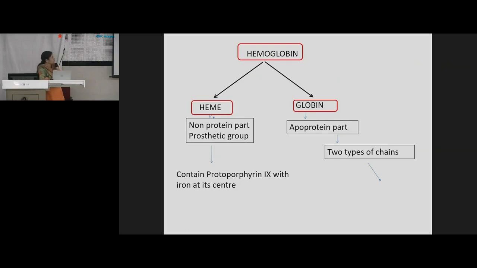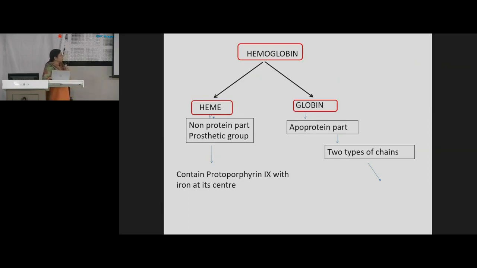It contains heme as the non-protein prosthetic group and globin as the protein group. The non-protein part contains protoporphyrin 9 with iron. Iron is always present in the ferrous form, so that it can carry out its function of carrying carbon dioxide and oxygen.